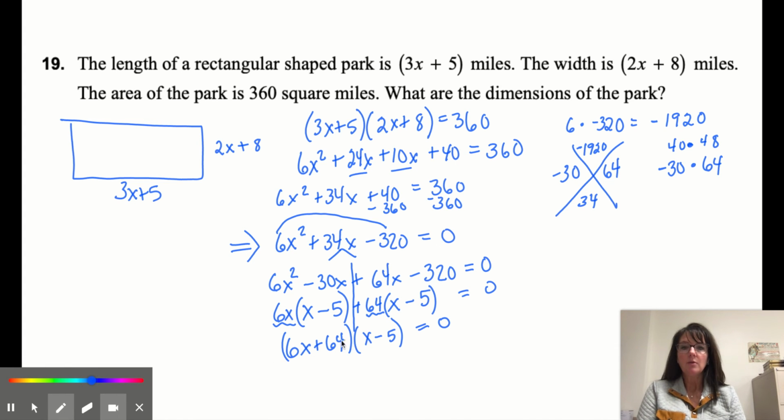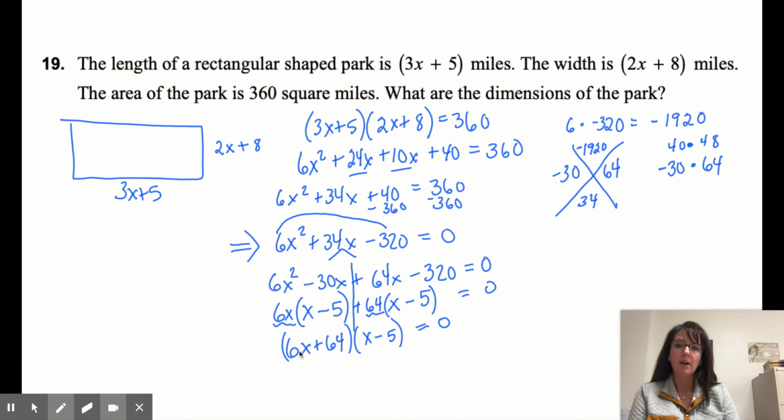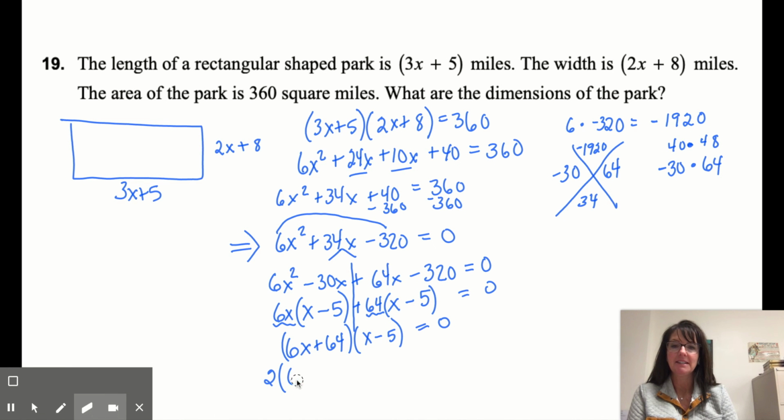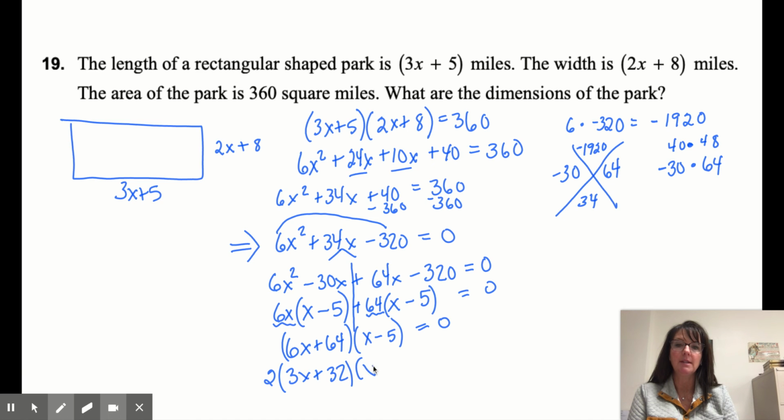Since you can see these two do have a common factor of 2, to factor it completely, you could say that's 2 times, not a 6, it would be a 3x plus 32 times x minus 5 is equal to 0.